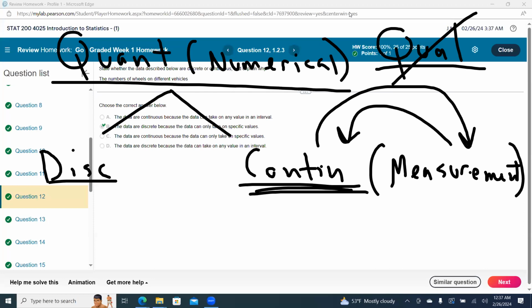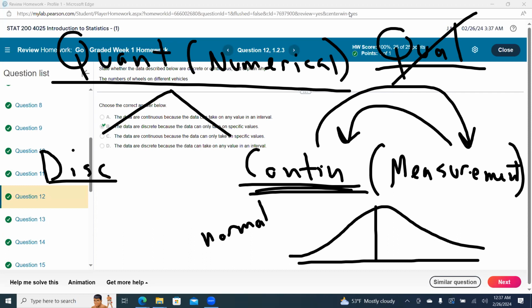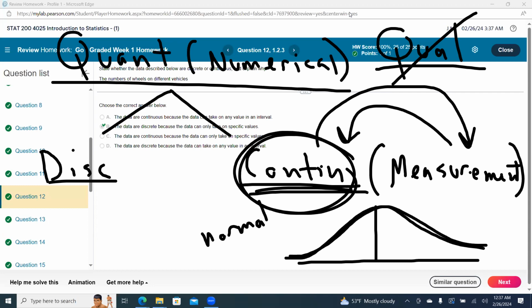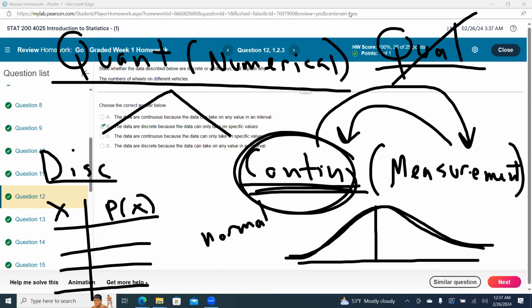Now, we don't need this here, this comes later, but this is a very bad sketch of a normal distribution, which is always continuous. All continuous random variables have distributions that look like this, unlike discrete, which are always an x, p of x, which is a completely different look.